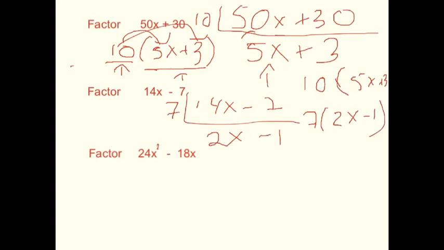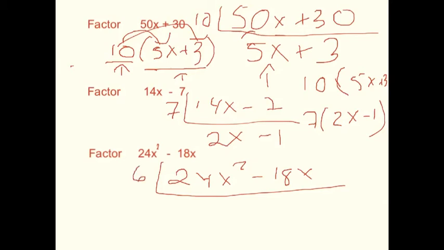Last one is the hardest one because now you're dealing with multiple x's. Focus on the numbers first. The common factor of 24 and 18, any common factor of 24 and 18, I'm going to go with 6. I'm going to be left with 4x squared minus 3x.